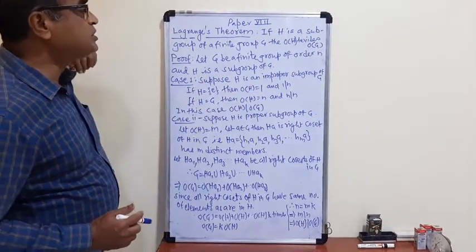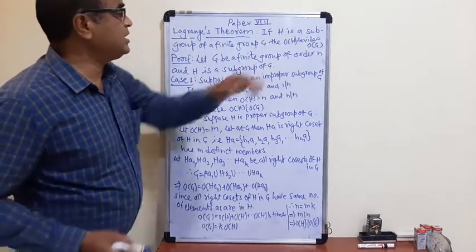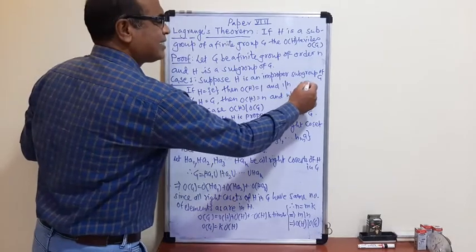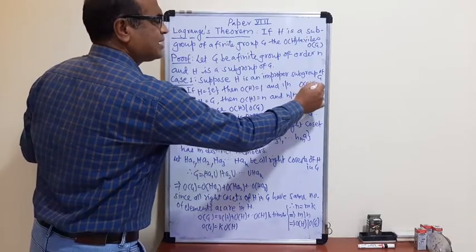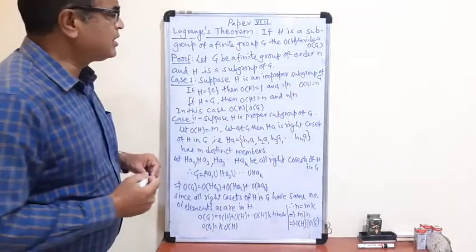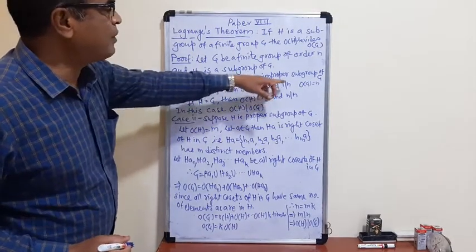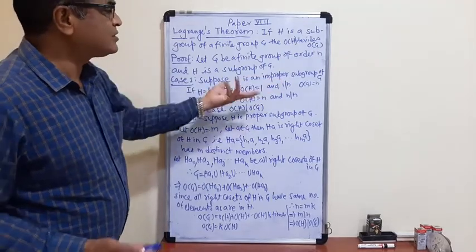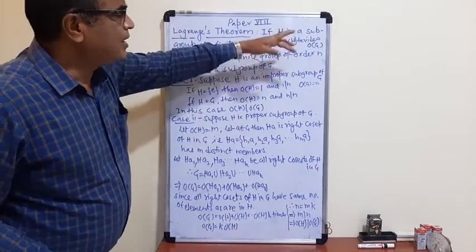But what is the order of G? We consider the order of G to be n. So certainly 1 divides n. The order of H is 1, the order of G is n, so clearly 1 divides n.